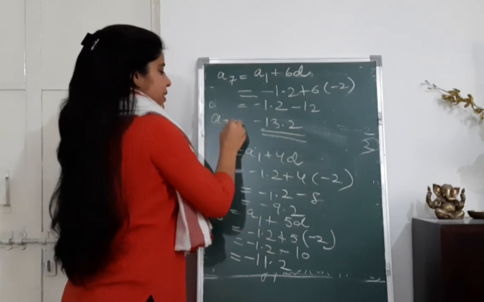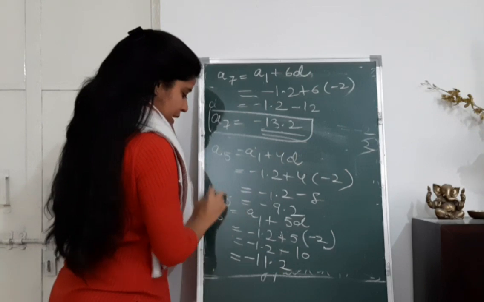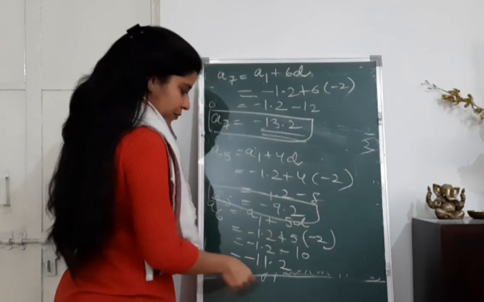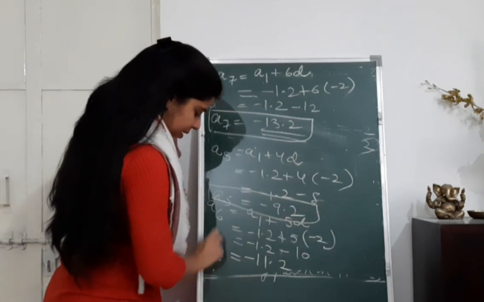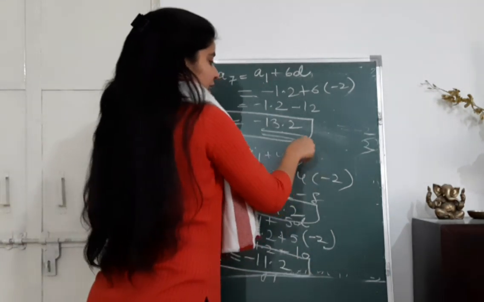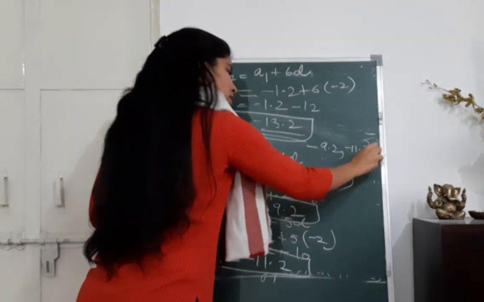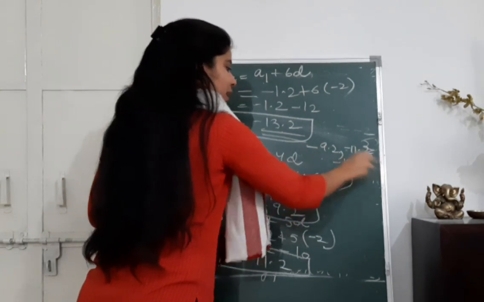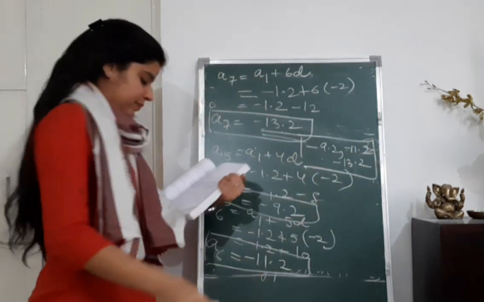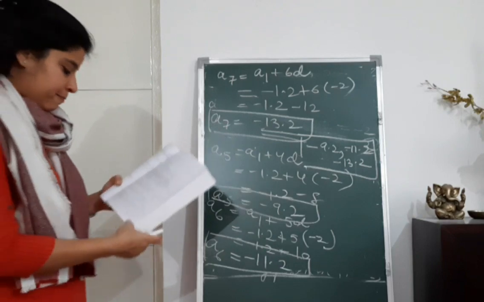So this is A7, this is A5 minus 9.2, and this is minus 11.2 is A6. So the next 3 terms are minus 9.2, minus 11.2 and minus 13.2. Let's move to the next part.